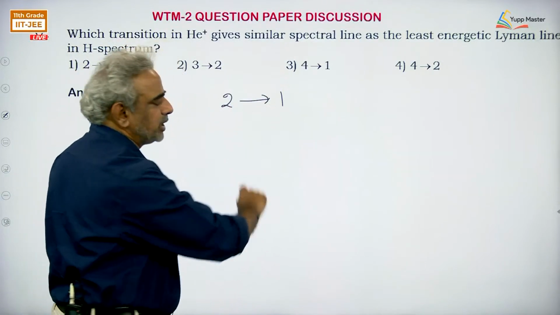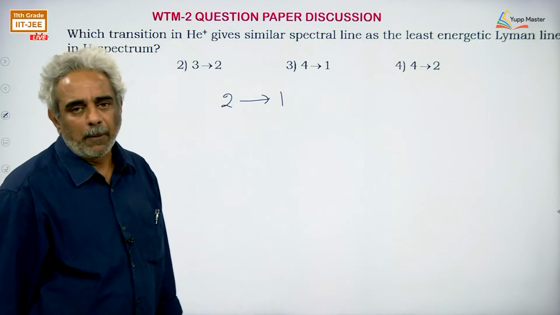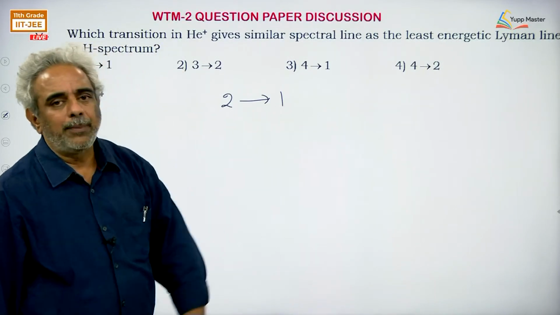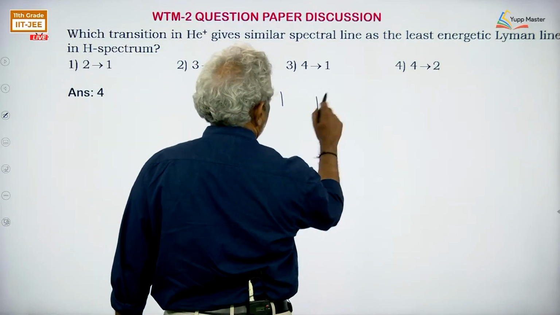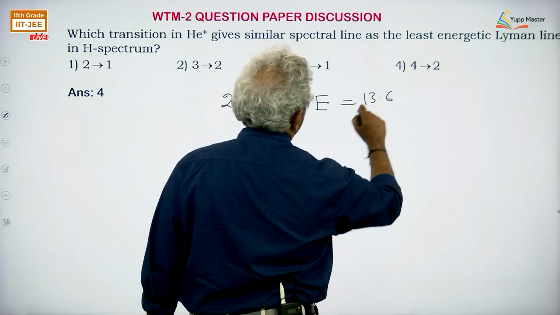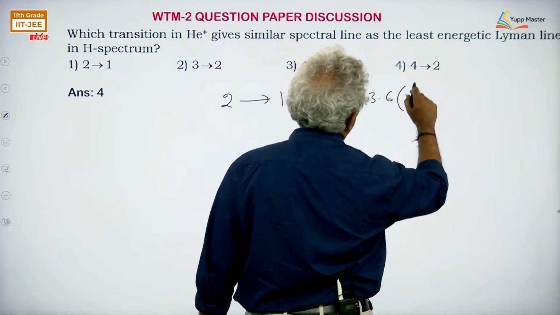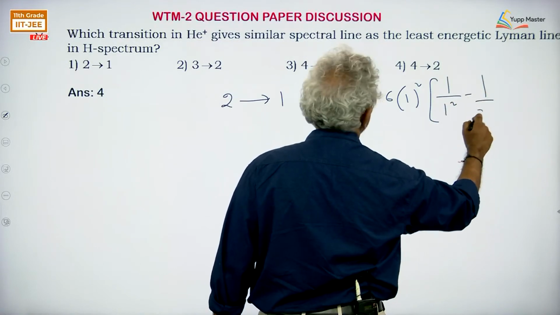Be careful, least energetic means 2 to 1, most energetic means infinity to 1. So you have got 2 to 1 happening in hydrogen. Let us first calculate the energy. Whatever, wavelength or energy, no problem. Energy is 13.6 into hydrogen 1 square into 1 by 1 square minus 1 by 2 square.